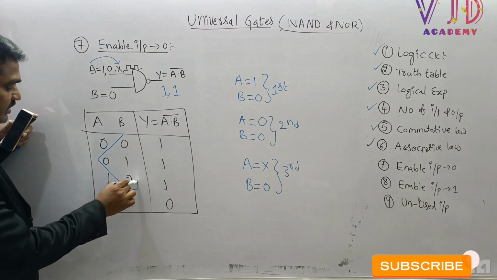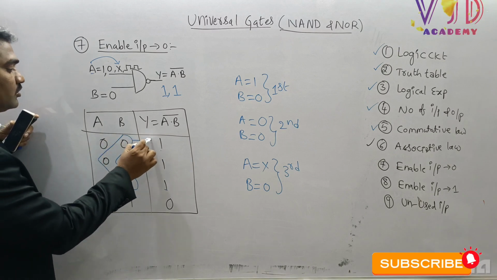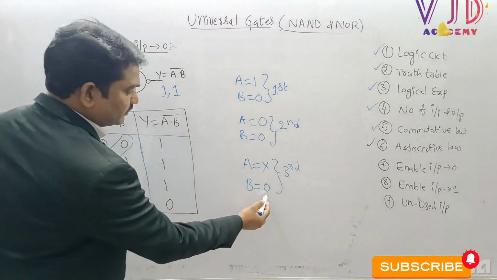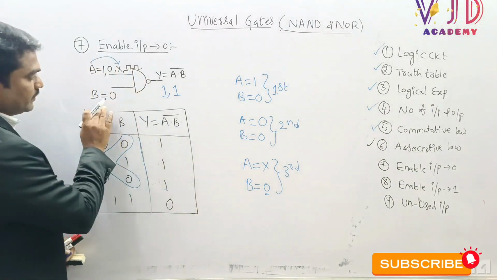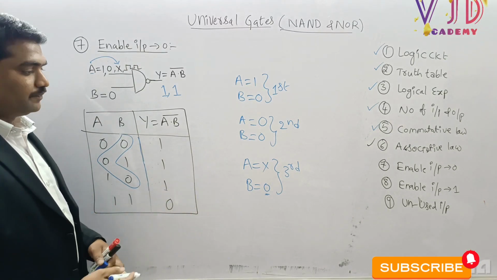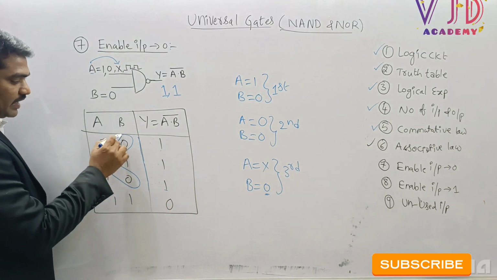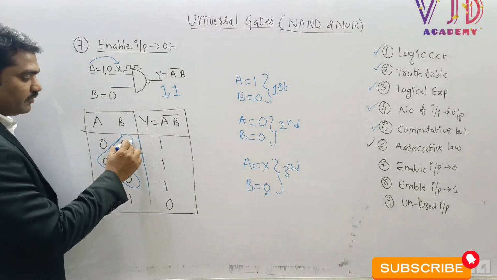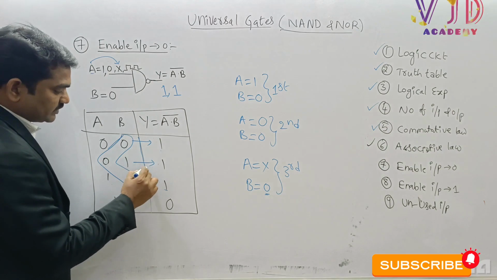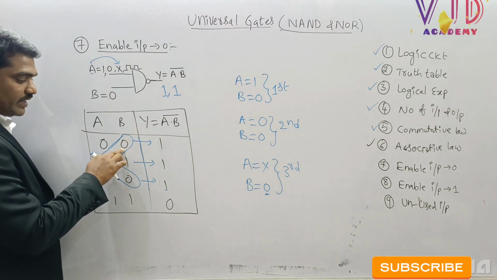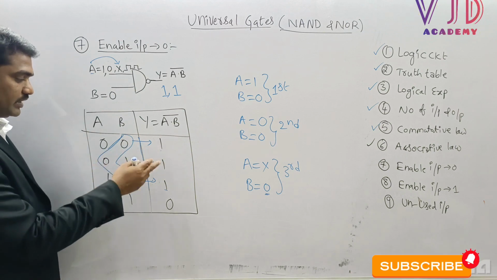when one of the inputs is 0, the output is automatically always 1 for the NAND gate. Here we are applying B equal to 0 for different inputs of A. So when I look into the truth table, if one of the inputs is 0, the output is always 1, sir. Here B equal to 0, one of the inputs is 0, output is 1.